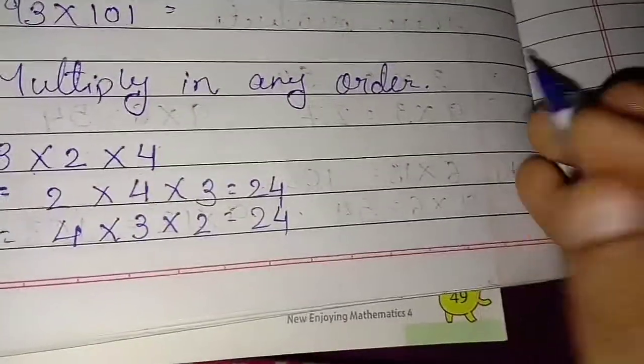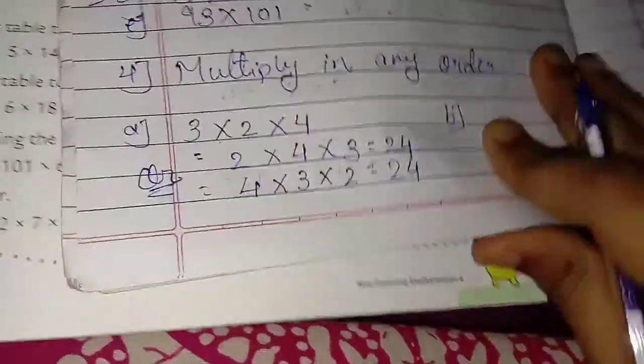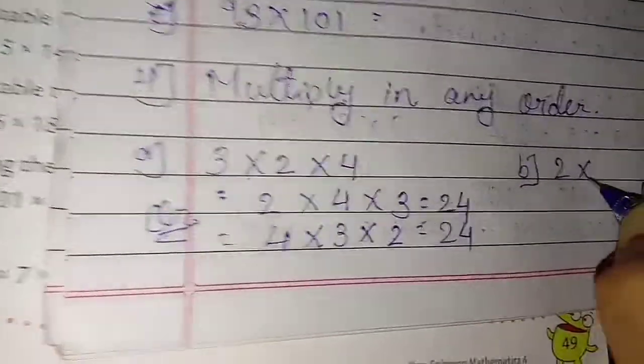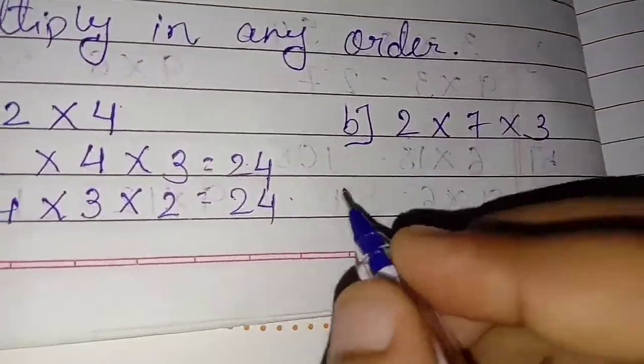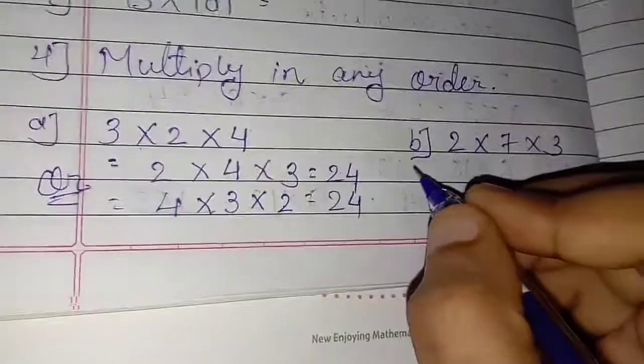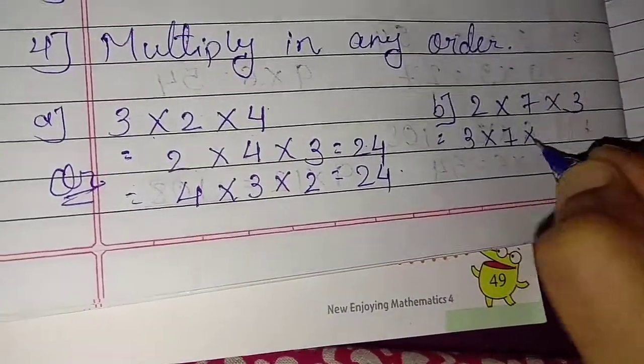Now one more I will show you, B1: 2 into 7 into 3. Here also first we take 3, then 7 and then 2.